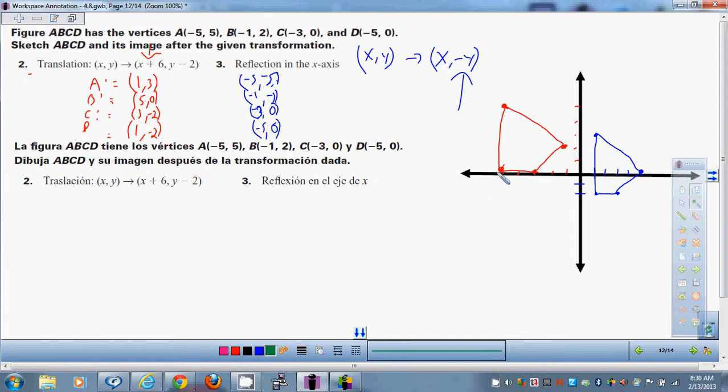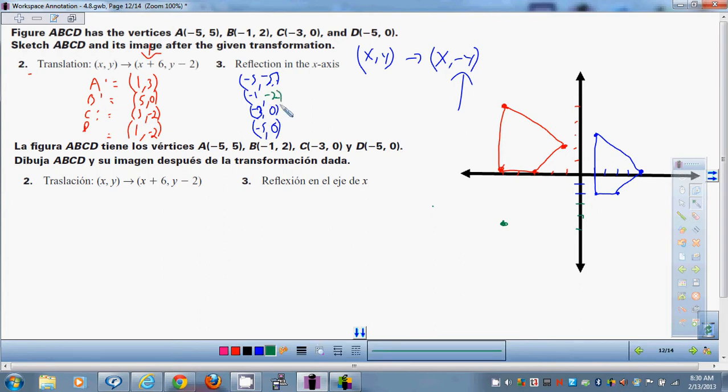Negative 1, negative 2. I didn't draw it very well. It's negative 1, negative 2. Good catch. Negative 1, negative 2, negative 3, 0, and negative 5, 0.